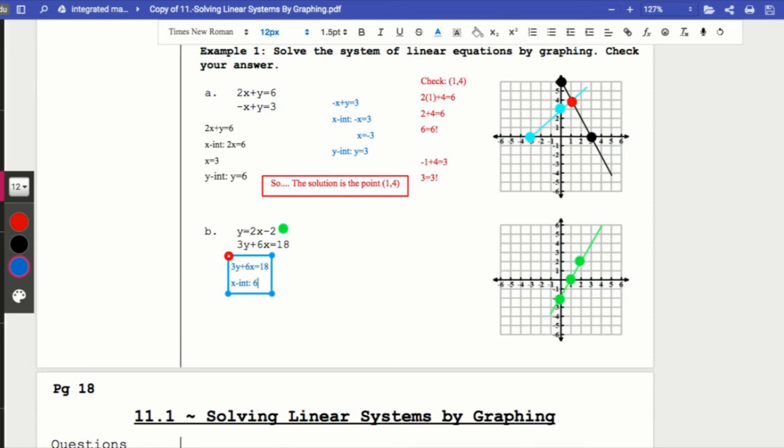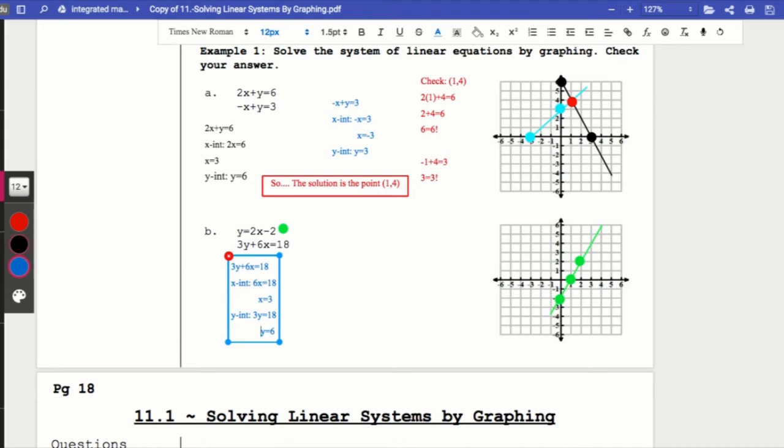So I'm looking at the equation 6x equals 18. It means that x is going to equal 3, because all I have to do is divide. So my x-intercept is 3. And then for the y-intercept, I'm going to plug in 0 for x, so then I get 3y equals 18. And if I solve for y, I get y is equal to 6, because again, just dividing by 3.